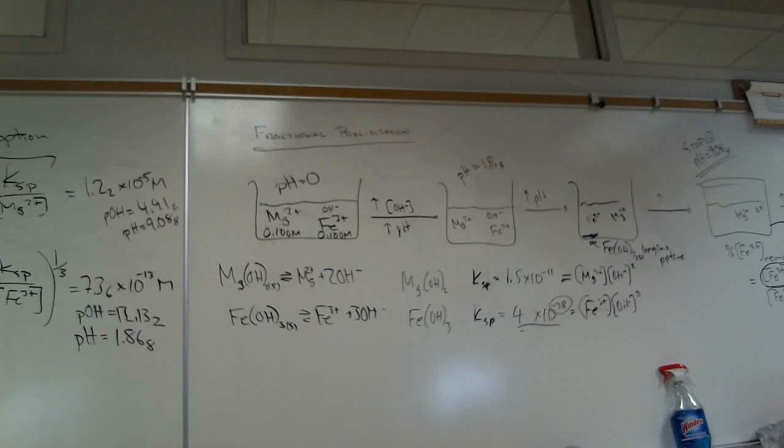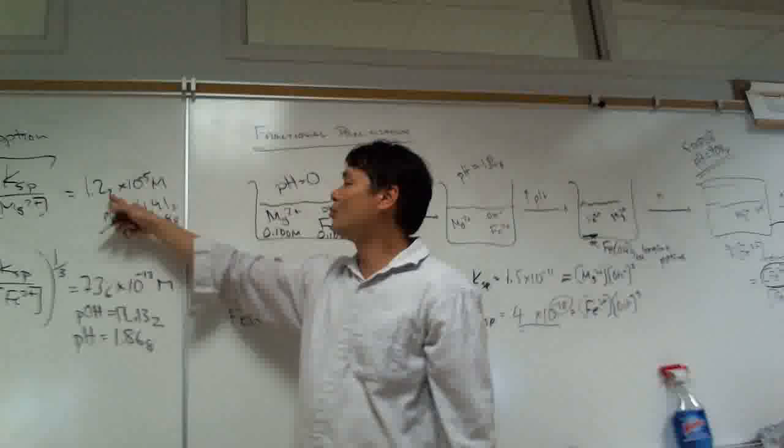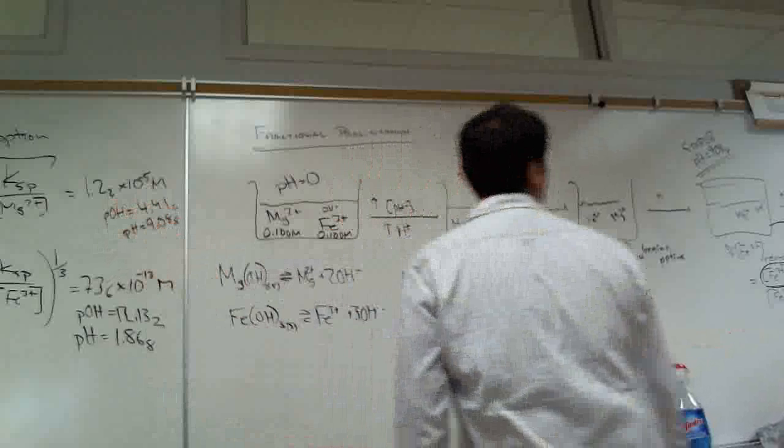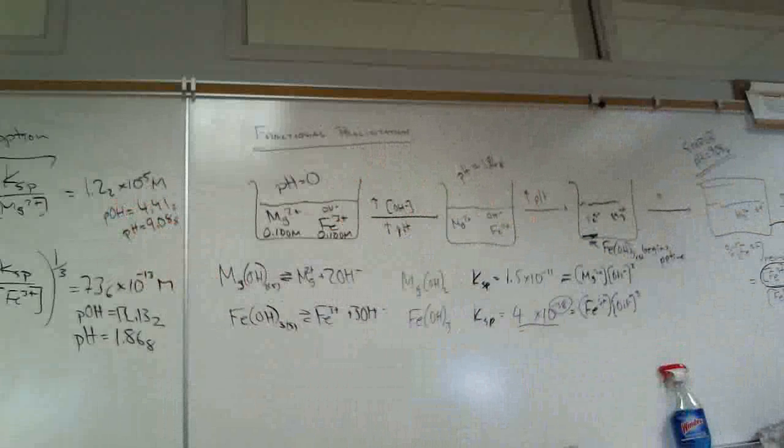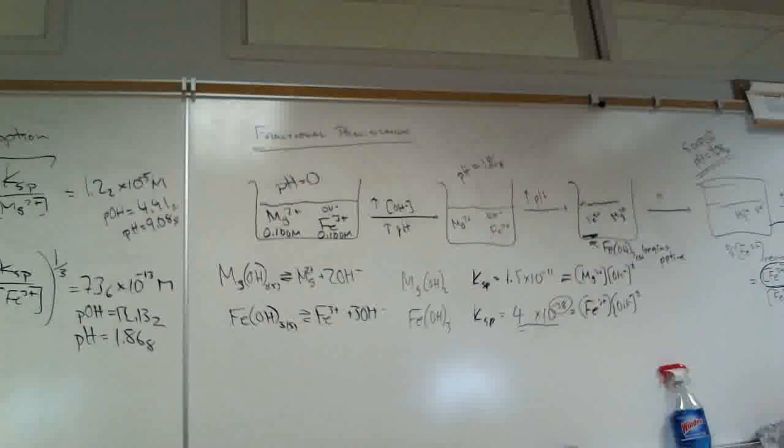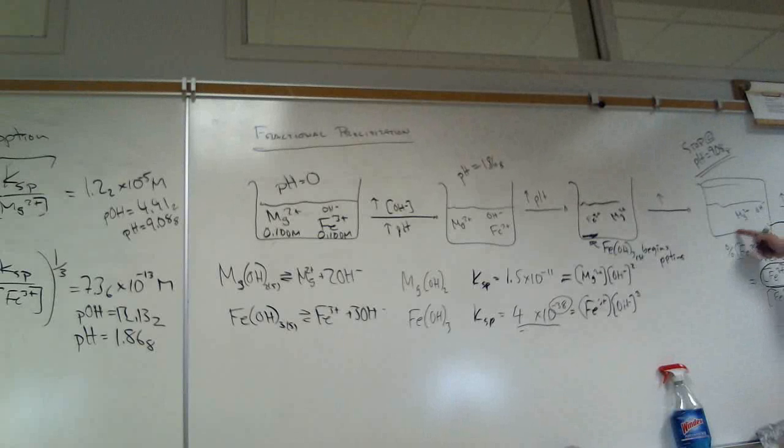At pH 9.088, it is 1.22 times 10 to the minus 5 molar. So the iron 3 plus at equilibrium is equal to the Ksp over the hydroxide ion concentration cubed. We plug in the Ksp, and for the hydroxide we use the stopping point hydroxide, which is 1.22 times 10 to the minus 5.